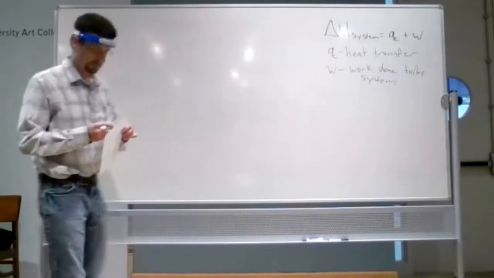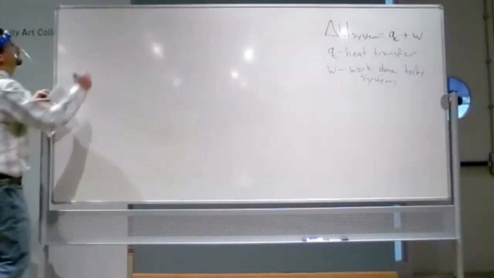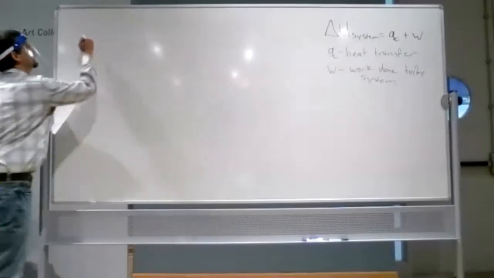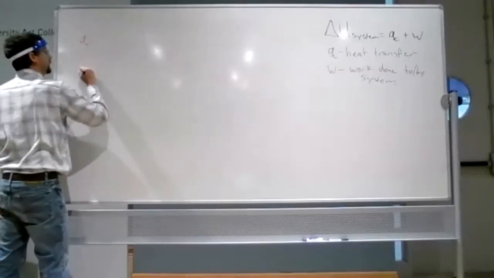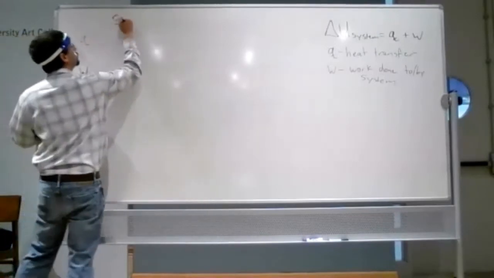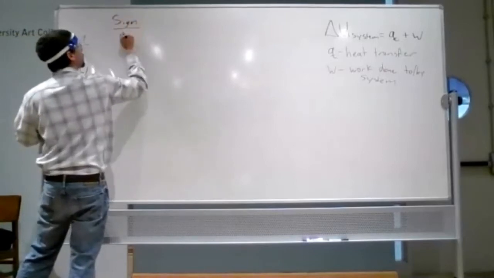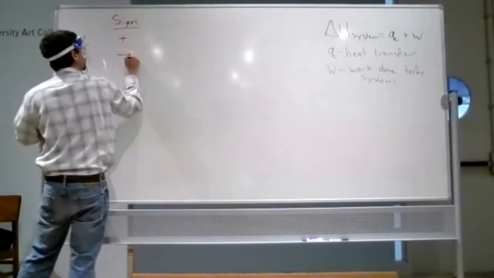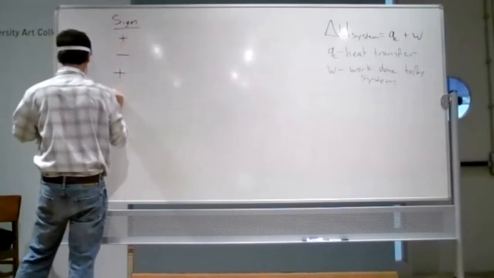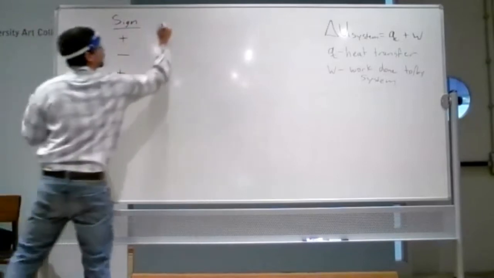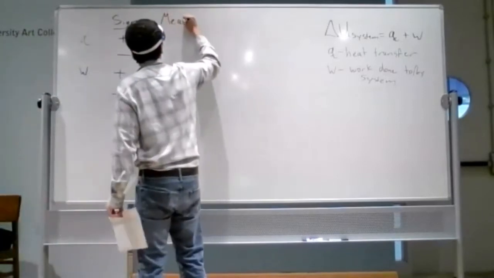Okay? All right, so we're going to consider our two properties here, Q and W. We're going to keep track of their sign. So we could have positive Q, negative Q, and positive work, negative work. And we want to look at the meaning behind it.